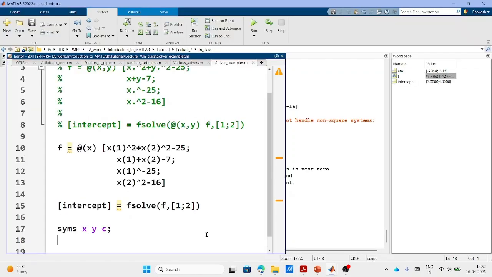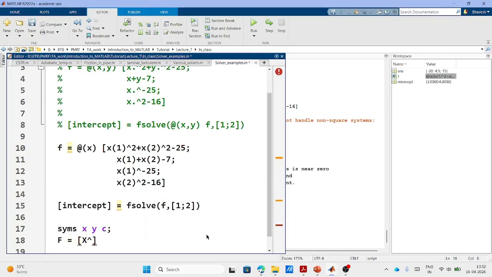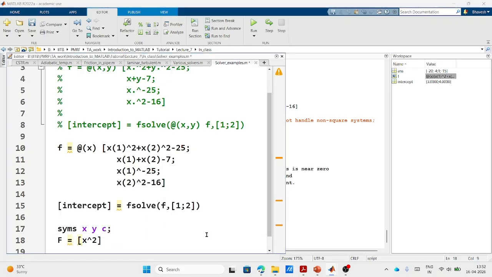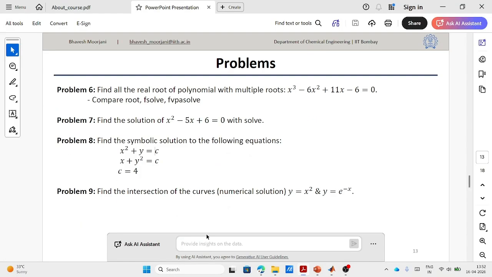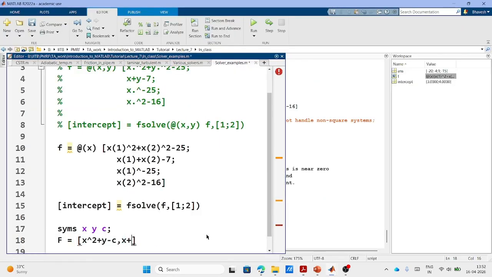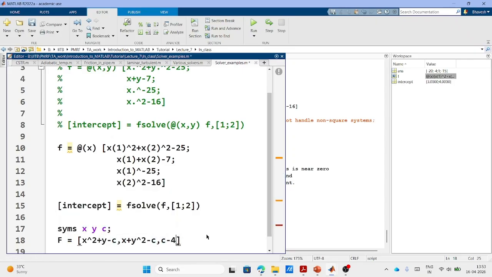And then my equation f becomes x square plus y minus c, comma x plus y square minus c, comma c minus 4.